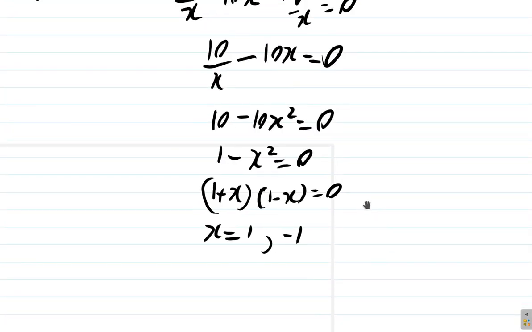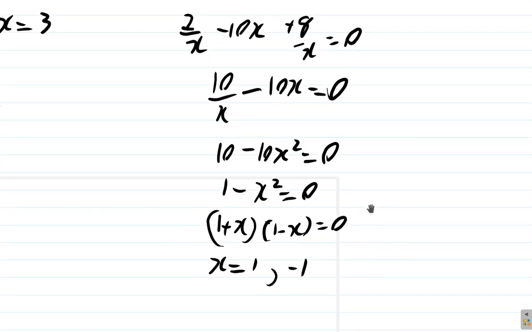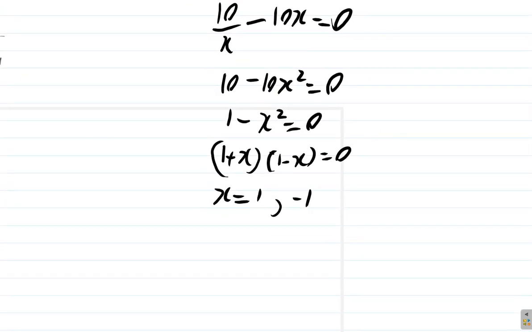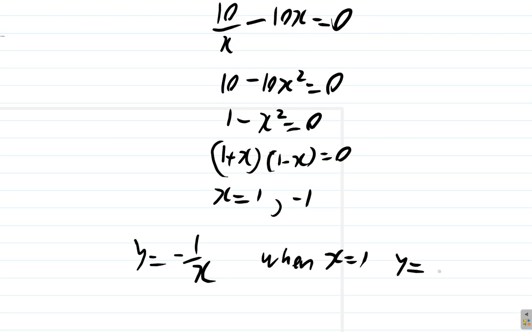When x is 1, y is negative 1, and then since y is equal to negative 1 over x, then when x is 1, y would be negative 1 over 1, which is negative 1. And then when x is negative 1, y would be negative 1 over negative 1, which is positive 1.